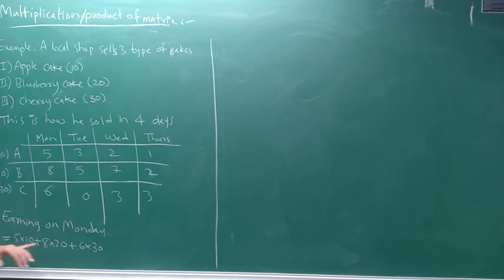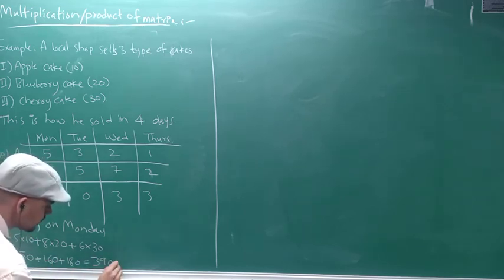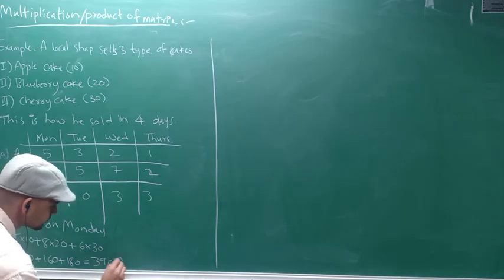So 5 tens are 50, 8 twenties are 160, and 6 thirties are 180. Adding these three: 50 plus 160 is 210, plus 180 is 390. So on Monday he earned 390 rupees.